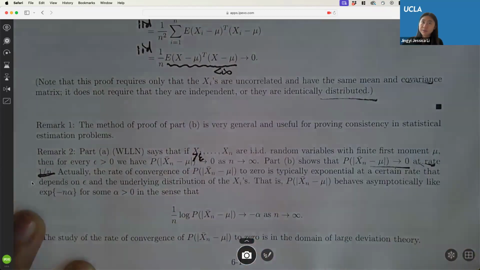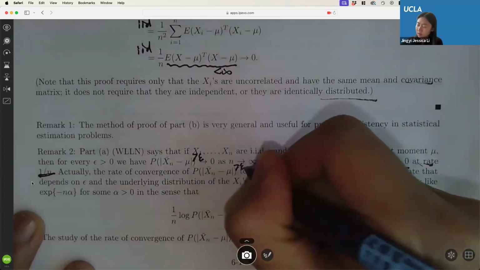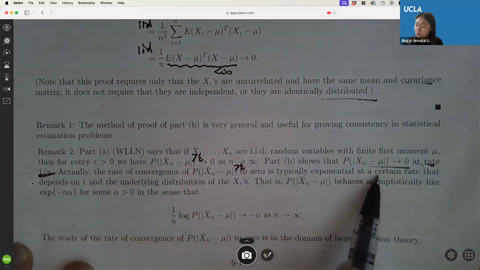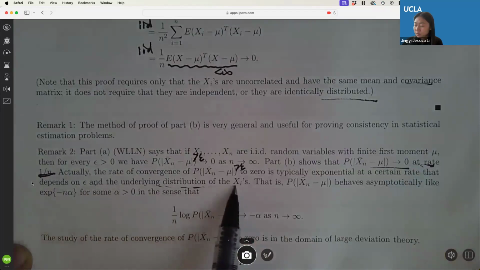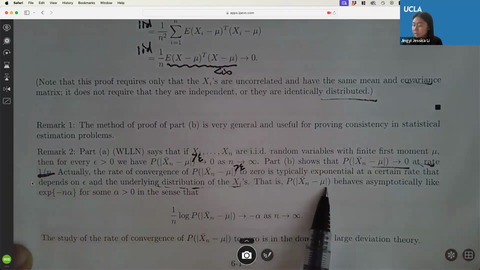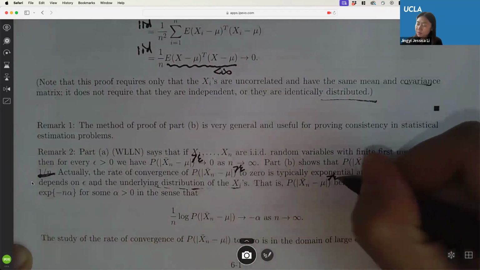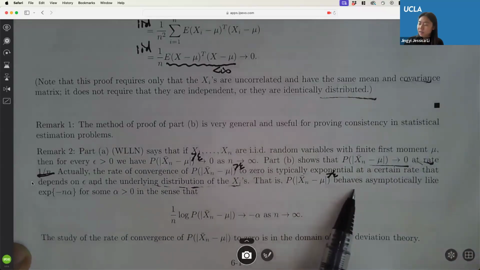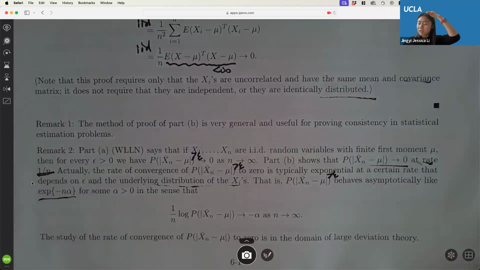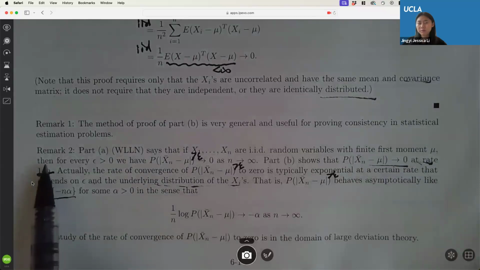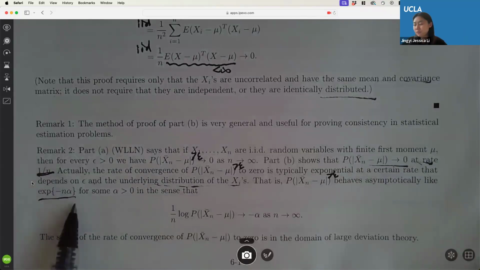It should be bigger than epsilon. It's typically exponential at a certain rate that depends on epsilon and the underlying distribution of the x's. That is, I should add greater than epsilon here. This violation probability behaves asymptotically in an exponential rate. So this rate is just an underestimate of the rate. We are just getting this rate, but it could actually be faster. We can actually show this.